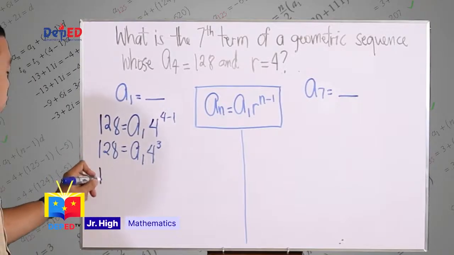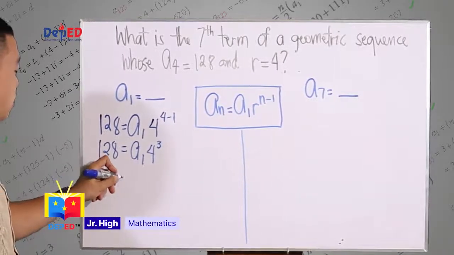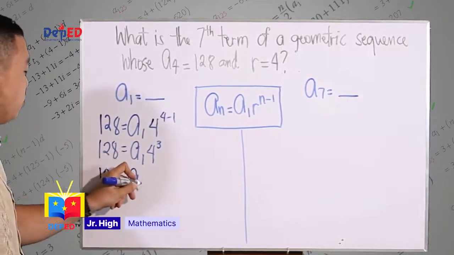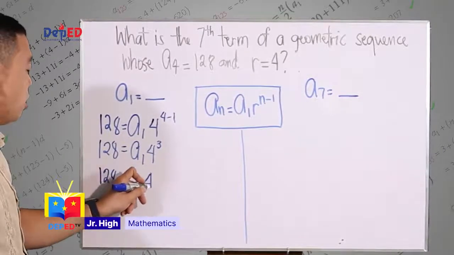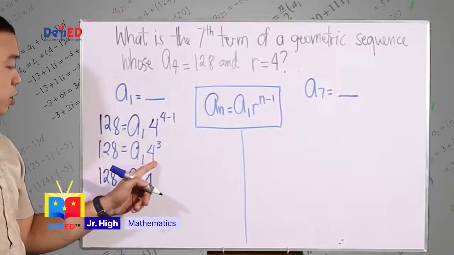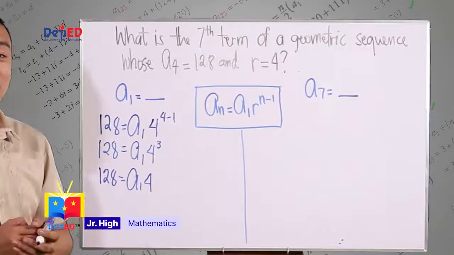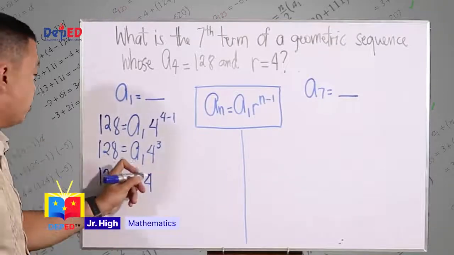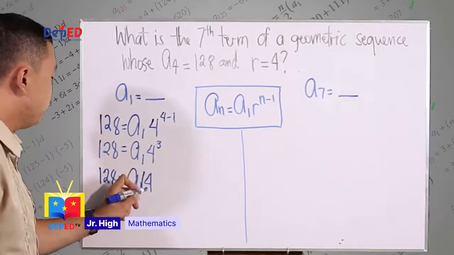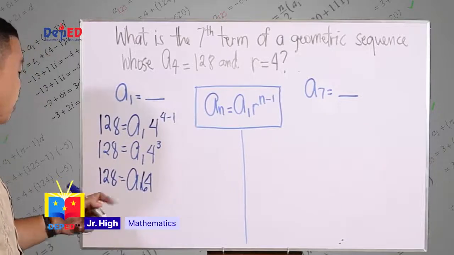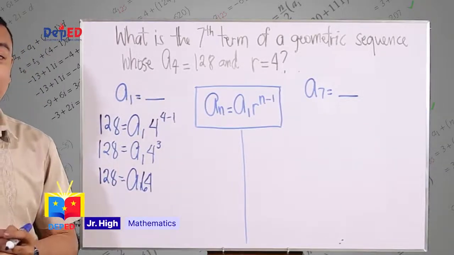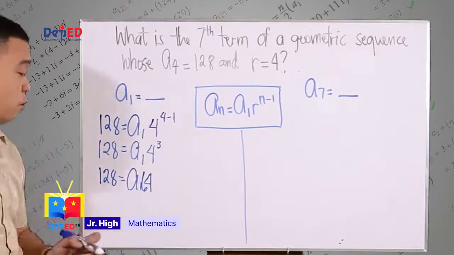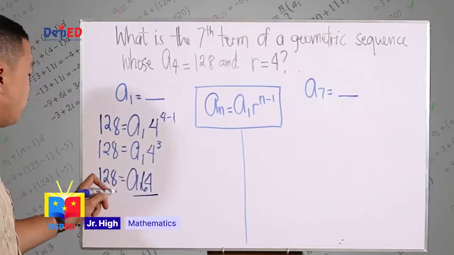Next, we will have 128 is equal to a sub 1 times 4 raised to 3, multiplying 4 by itself 3 times will give us 64. Then, divide both sides by 64 so we can isolate a sub 1.